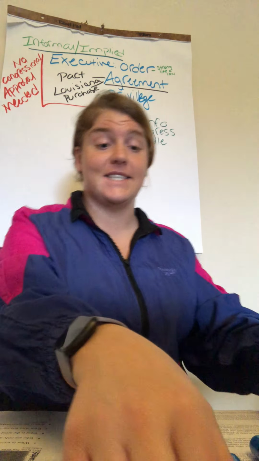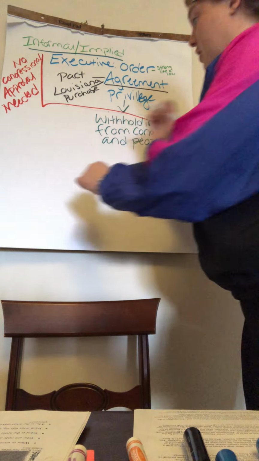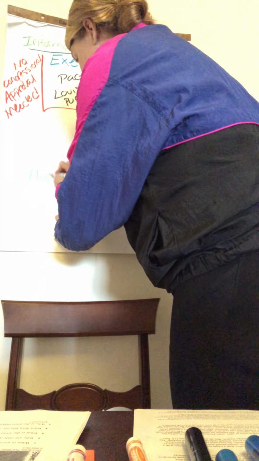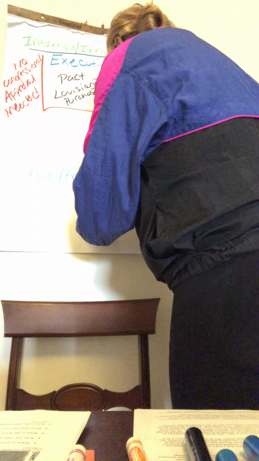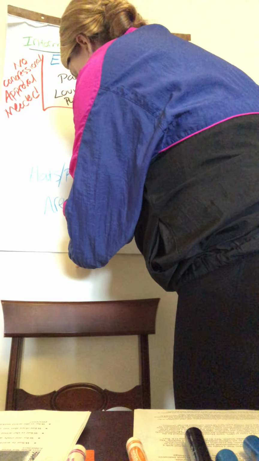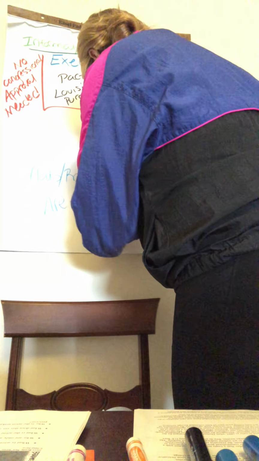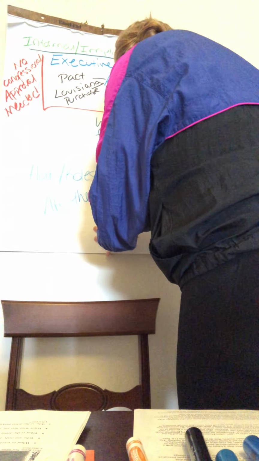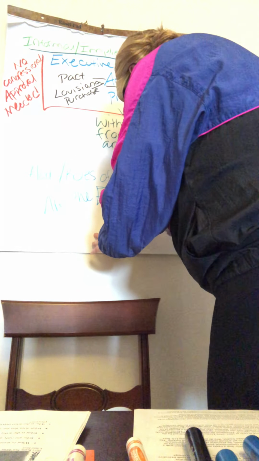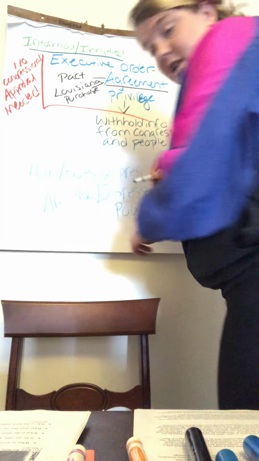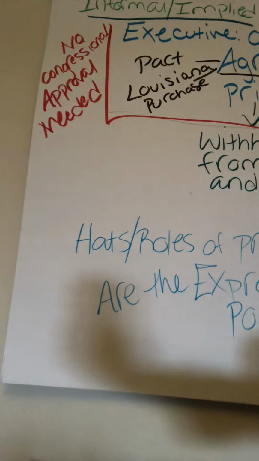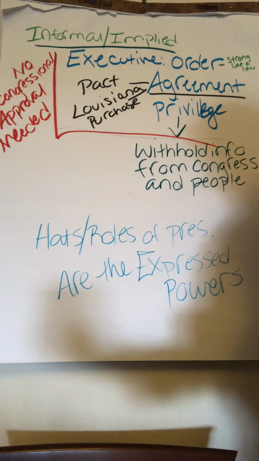That's why the roles of the president are known as the expressed powers. And they are expressed because they are written down in the Constitution. So they're actually limiting the president.